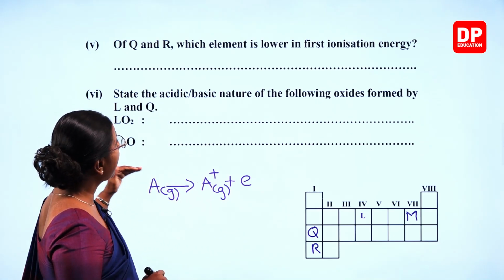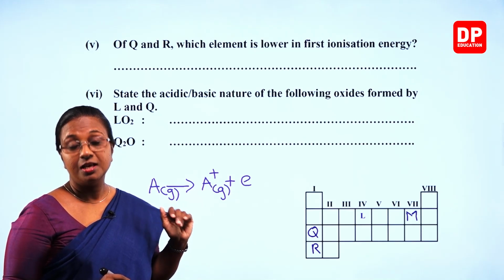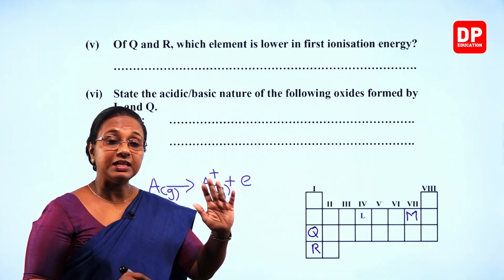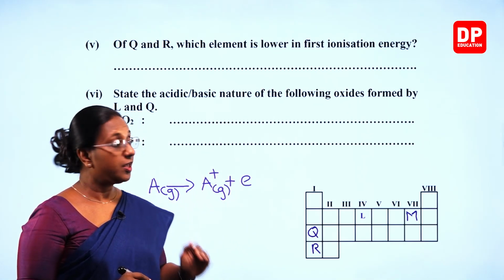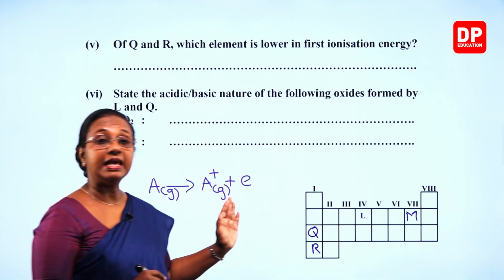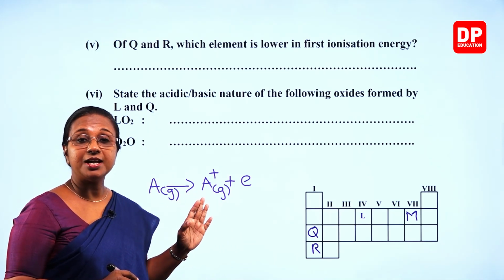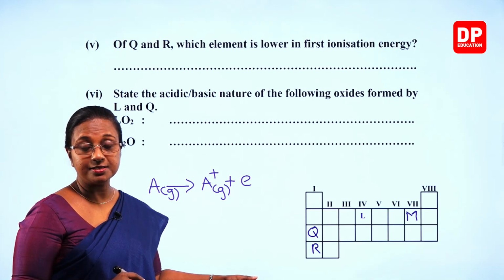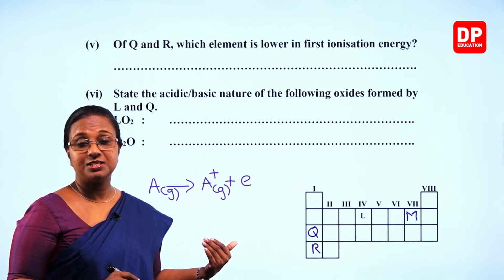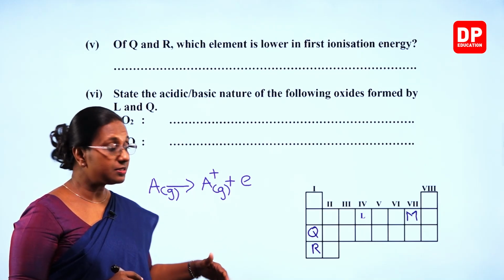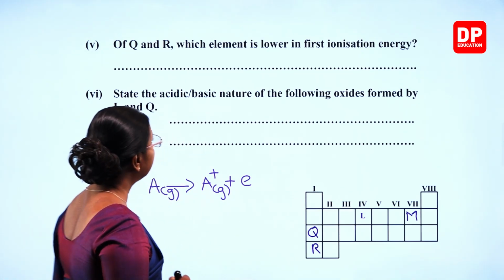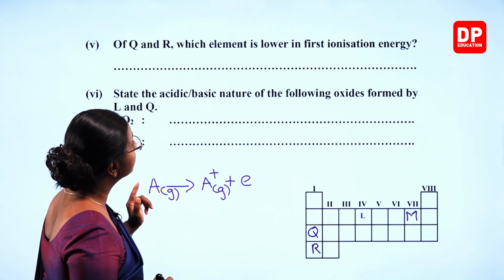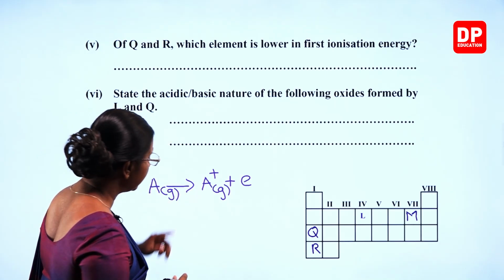You can remember how it changes. Across the period, from left to right, they increase in a certain manner, whereas down the group, they decrease, because the size of atoms down the group from top to bottom increases. Because of that, the first ionization energy decreases, but across the period, it increases. So out of Q and R, which element is lower in first ionization energy?